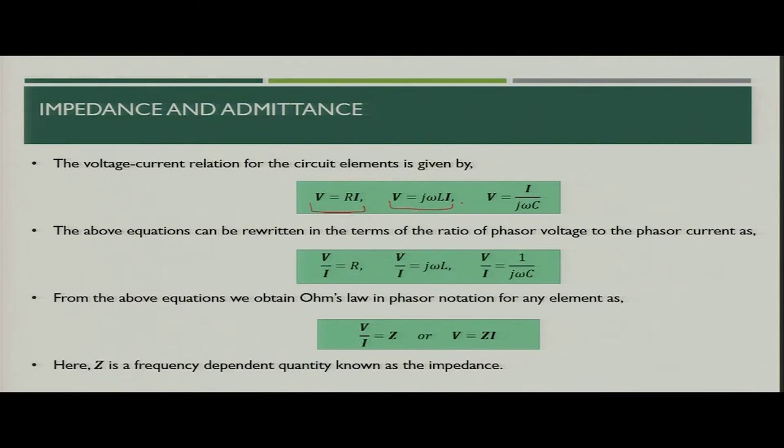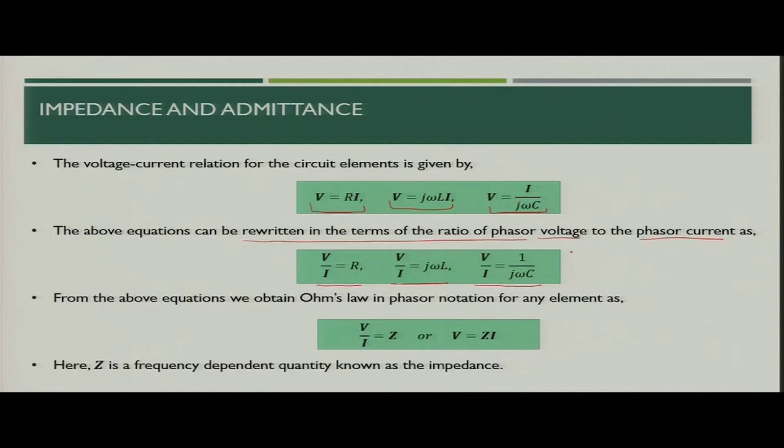For an inductor we discussed V equal to j omega L into I phasor, and for a capacitor the voltage phasor V is I phasor divided by j omega C. If you write the equations as the ratio of phasor voltage and phasor current, you can simply write V by I is equal to R, or V by I is equal to j omega L, or V by I is equal to 1 upon j omega C.